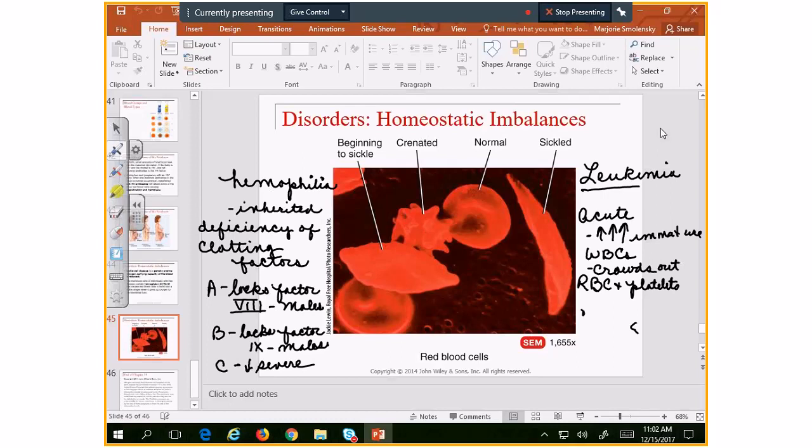Chronic leukemia is the accumulation of mature white blood cells in the bloodstream because they don't die, okay? It's generally classified by the type of white blood cell that is predominant, okay? So this chronic is mature white blood cells in the bloodstream.